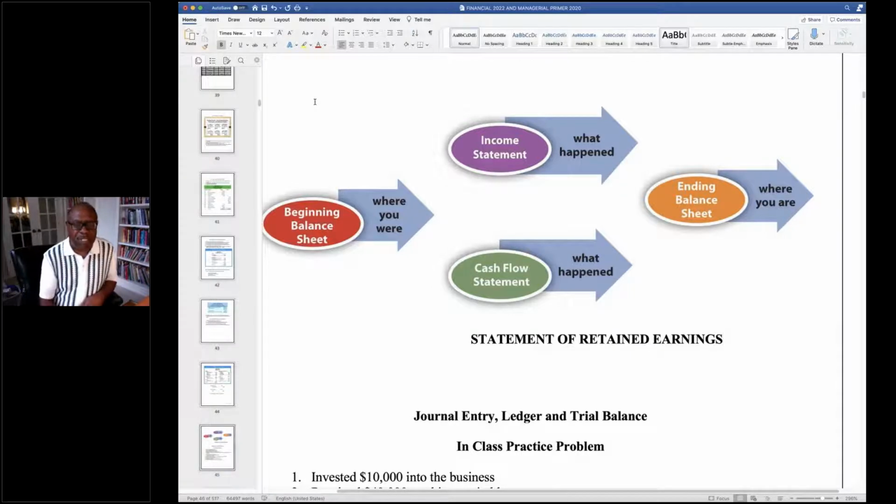So if I put in that retained earnings statement, what would you expect the statement of retained earnings to do?